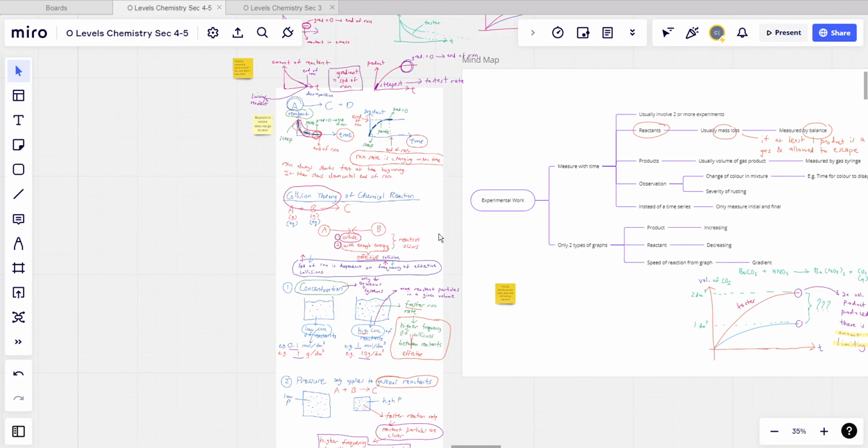Zinc. Next. Iron, okay. Lead, good. Hydrogen, good. Copper, silver, gold. Okay. 10 metals plus 1 hydrogen. Okay, good. At least you can remember that.